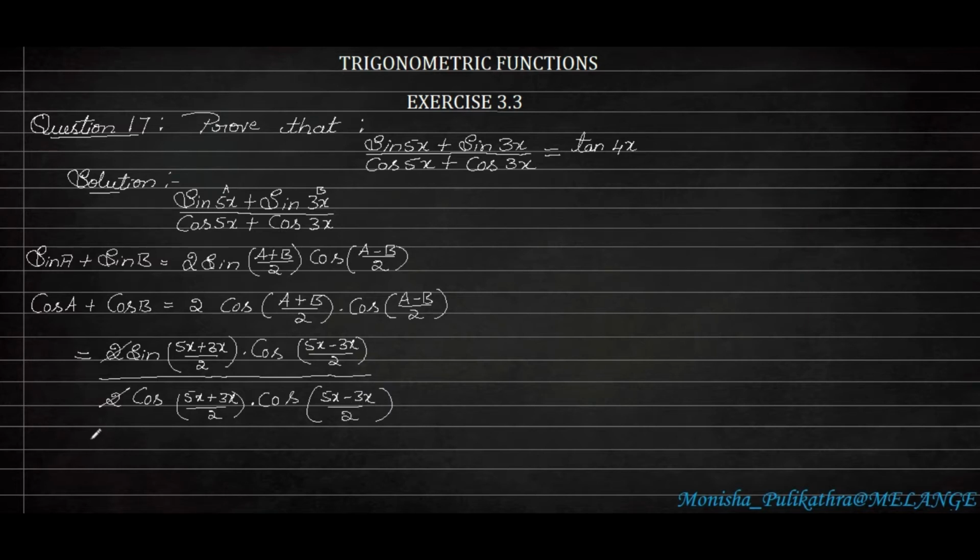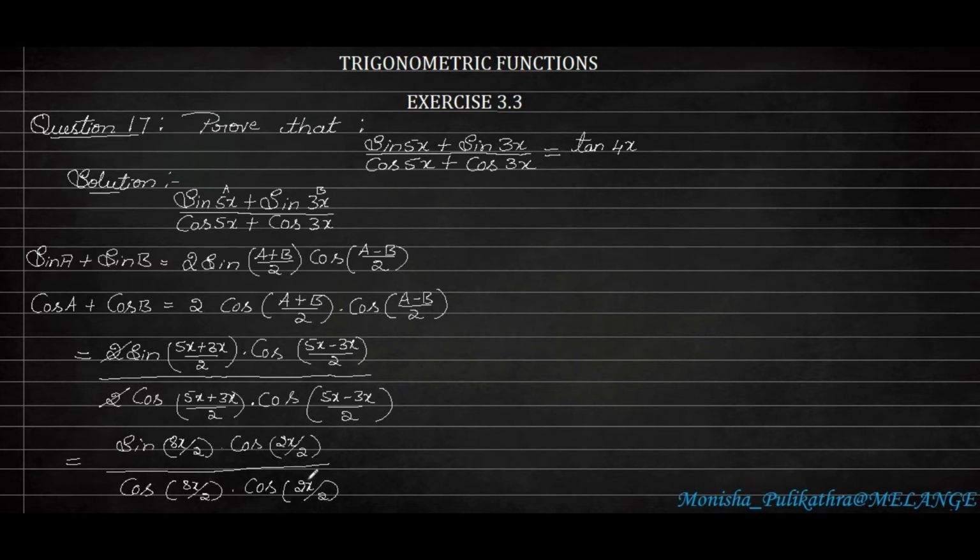Here the 2s cancel each other. So remaining is sin (5x plus 3x), which is 8x divided by 2, into cos 2x divided by 2. In the same way, the denominator will become cos 8x divided by 2 into cos 2x divided by 2.